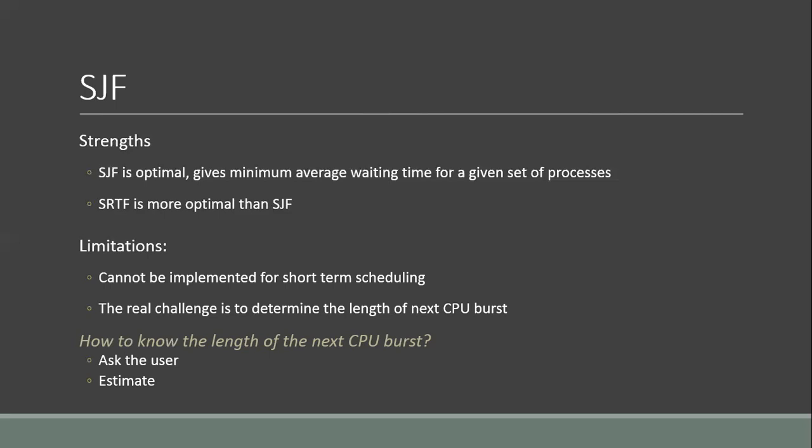So by looking at the previous CPU burst cycles, we can make an estimate of what would be the length of the next CPU burst, but it would be an approximation. We may be right or we may be wrong in our estimate. So by computing an approximation of the length of the next CPU burst, we can determine the length of the next CPU burst cycle.